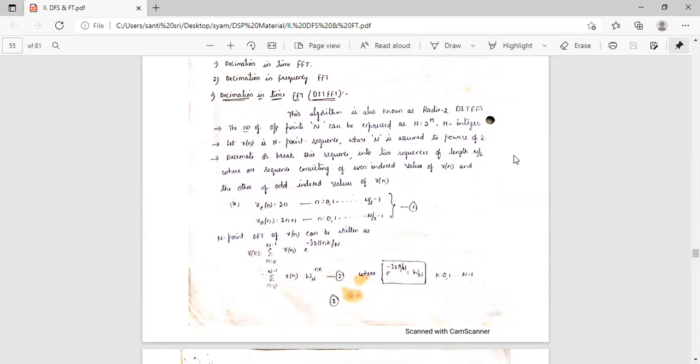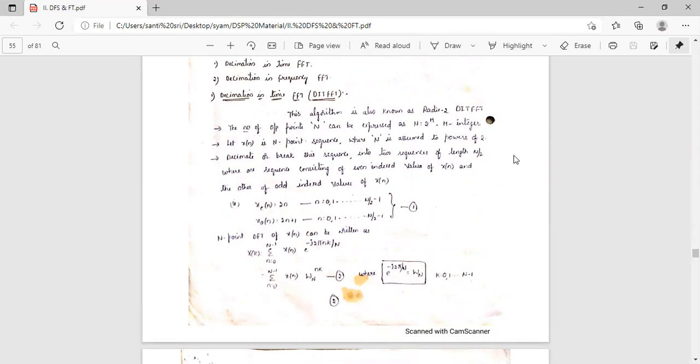The number of output points N can be expressed as N equal to 2 power m, where m is an integer. Let x(n) be the N point sequence. Here N is a power of 2.